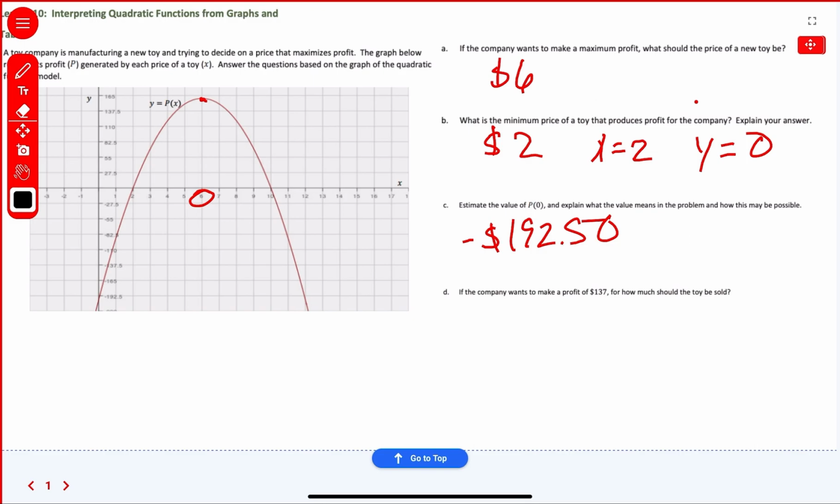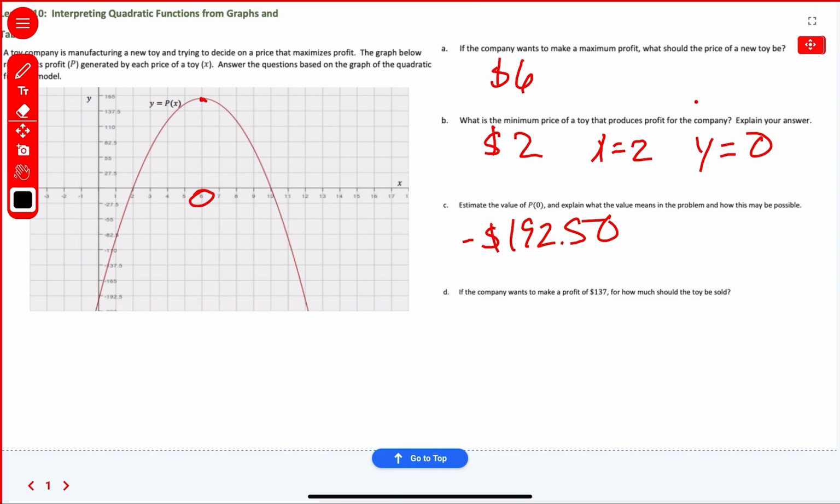Yeah, if you're not selling anything, it costs you to make those toys, right? So you're already $192.50 in debt. When we were making those dresses for people, she had to buy the fabric. We had to pay people to cut them out. We had to pay people to sew them. We had to ship them, all that type of stuff, right? So before we got paid for them, we were already in debt for the fabric, the workers, all that type of stuff. And then when they finally paid us, we got to cancel that debt out, right?